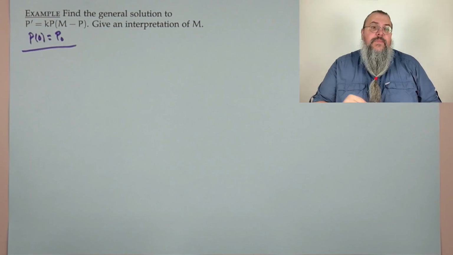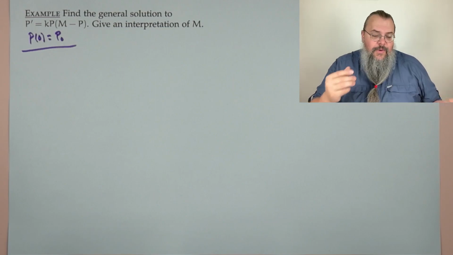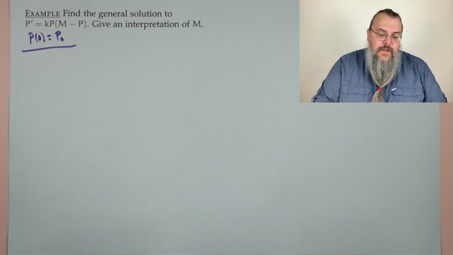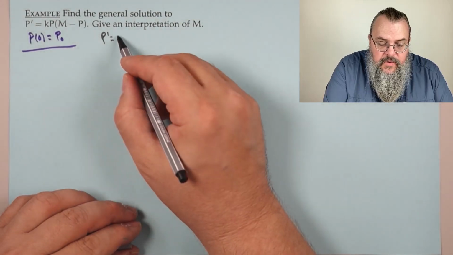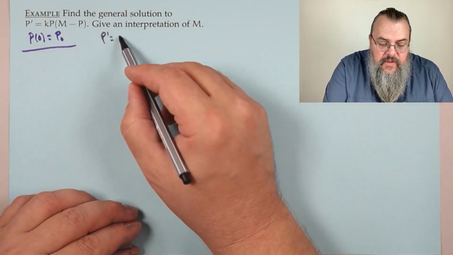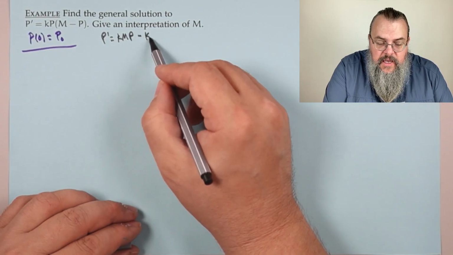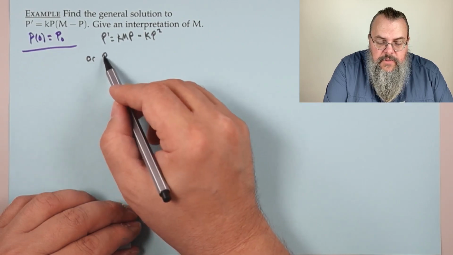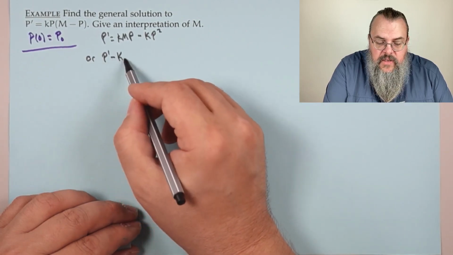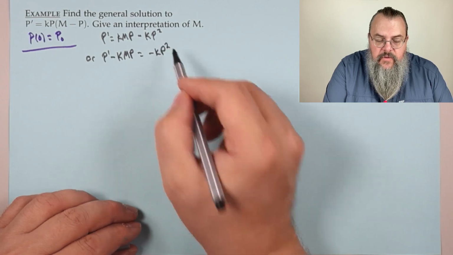What's the something else? Well, if we expand it, we have p prime equals kmp minus kp squared. Or, if you like, p prime minus kmp is minus kp squared.